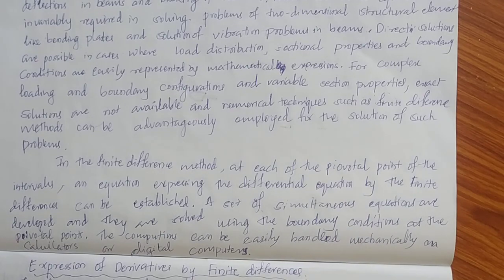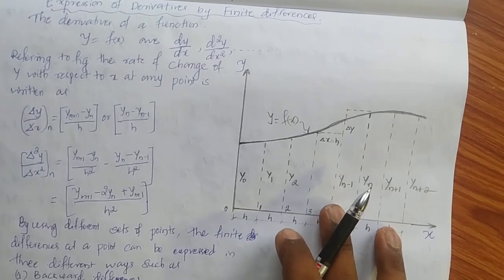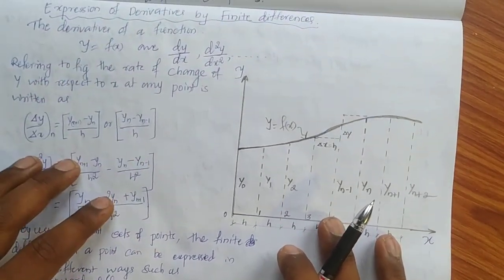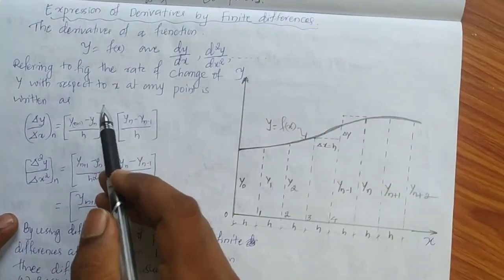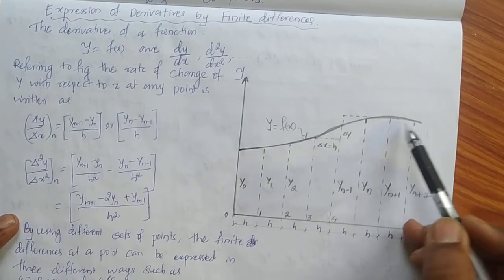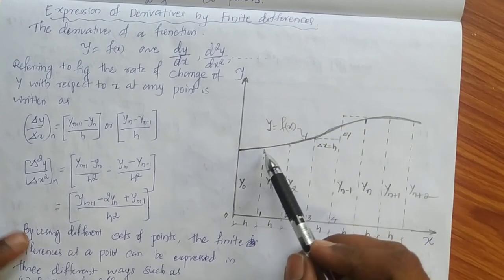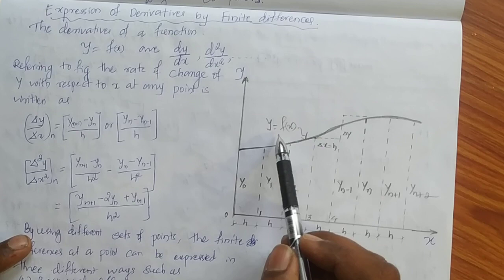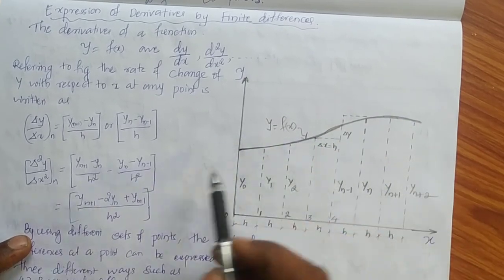Next, expression for derivative by finite differences. As I said, let us consider some line, some expression giving a complex line, where y is equal to f of x is the equation of the line.